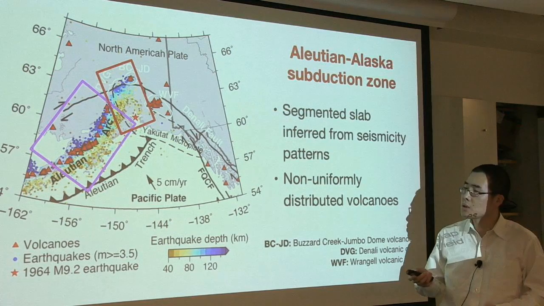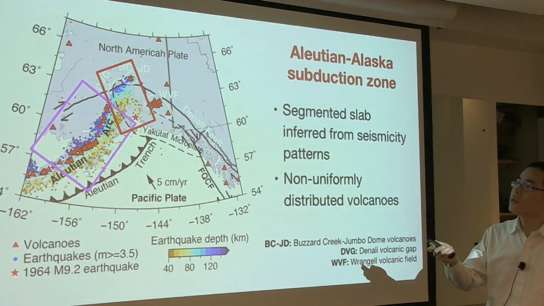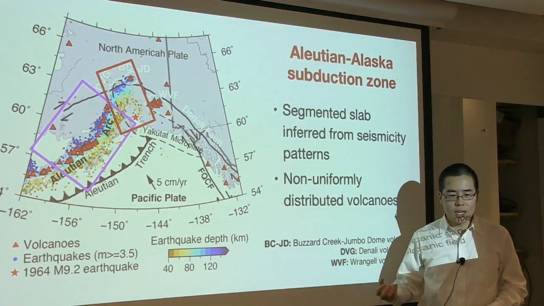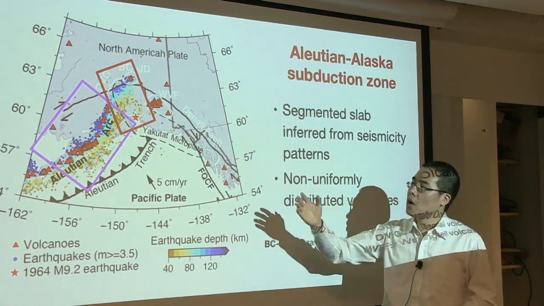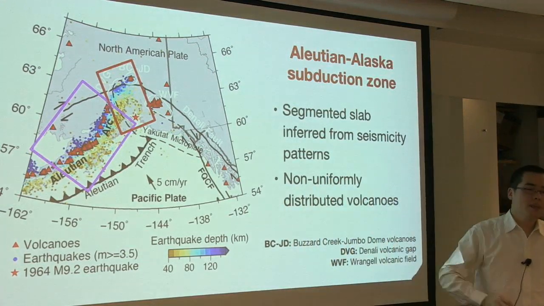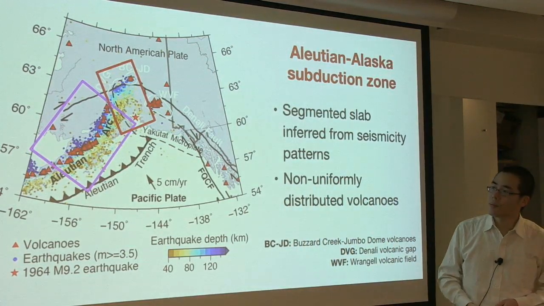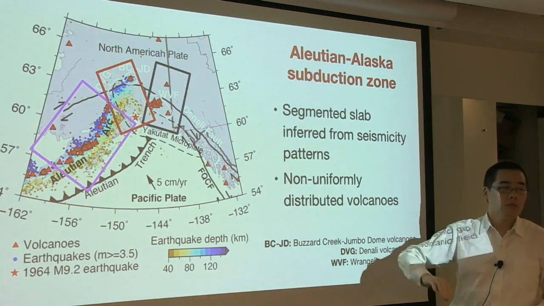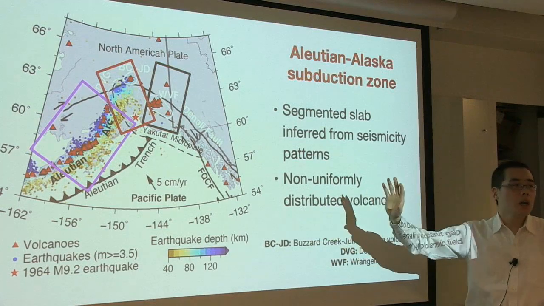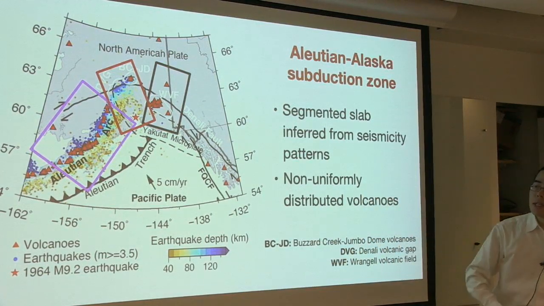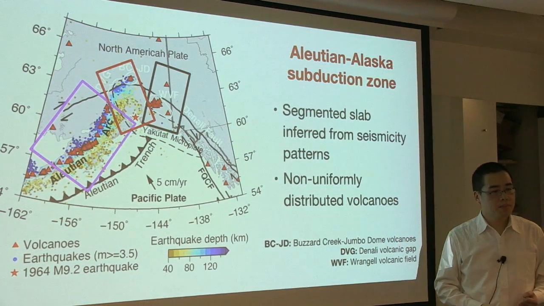And further to the central part, central Alaska, we have two isolated volcanoes. These two isolated volcanoes are still on the arc, at the very northern or northeastern tip of the Aleutian arc. Further to the southeast in Alaska, we have volcanoes distributed in a more clustered pattern instead of a linear pattern, which is what we see along the Aleutian volcanic arc.